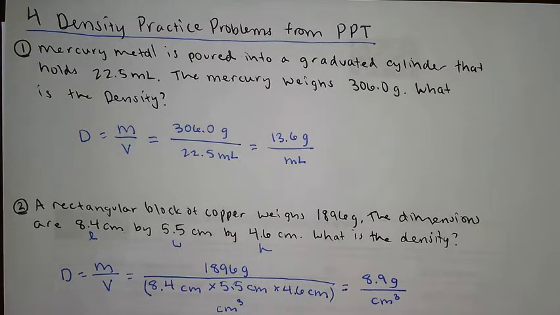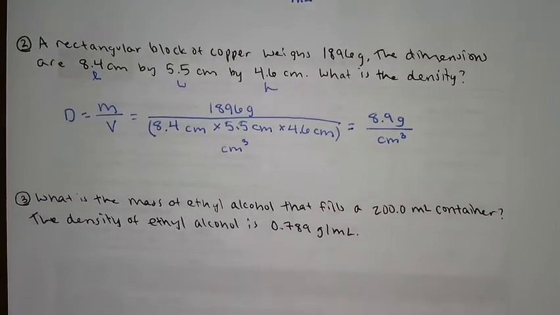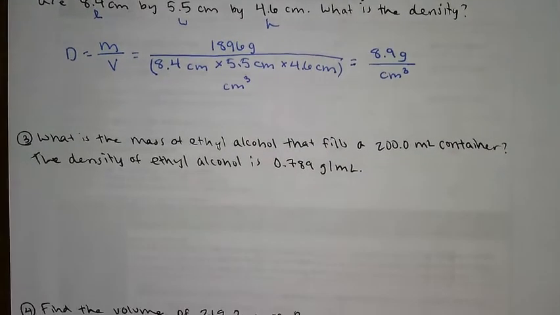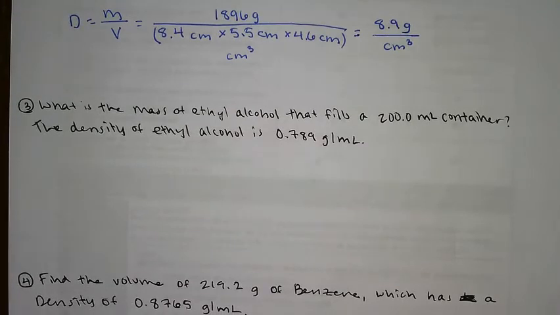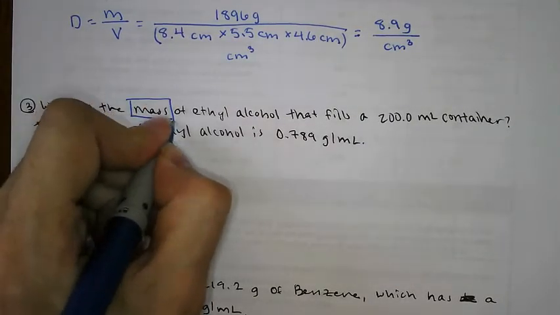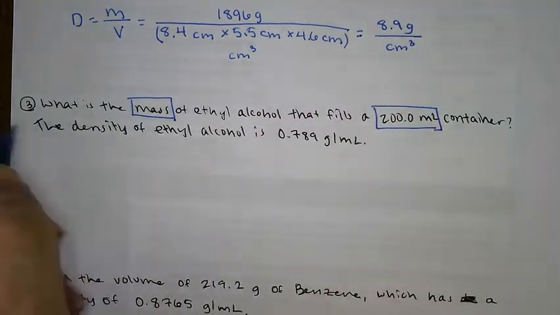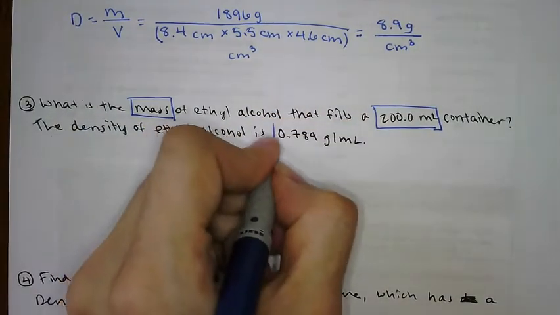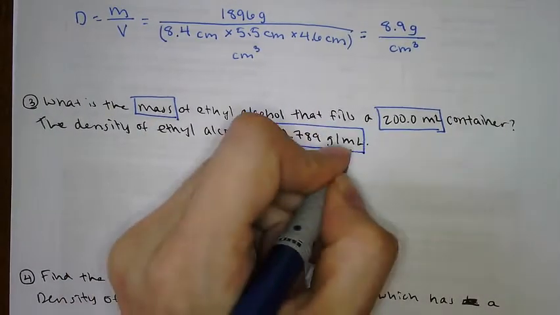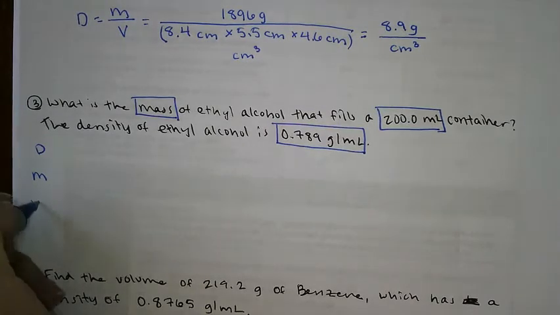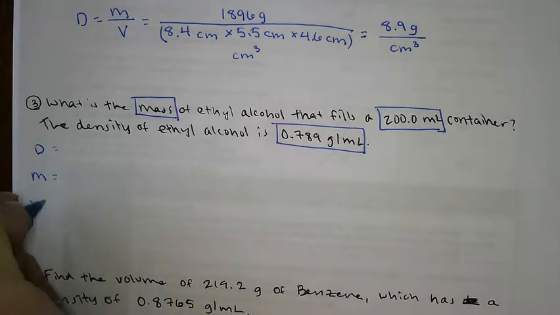Okay. When we're solving just straight density problems, it's pretty easy. You make sure that you have grams and milliliters or centimeters cubed. Where it gets a little bit more interesting is when you're solving for something that is not density. So for instance, what is the mass of ethyl alcohol that fills a 200 milliliter container? And that tells you that the density is 0.789 grams per milliliter. So if you are a visual person, you can write down all of your variables like this and get organized.